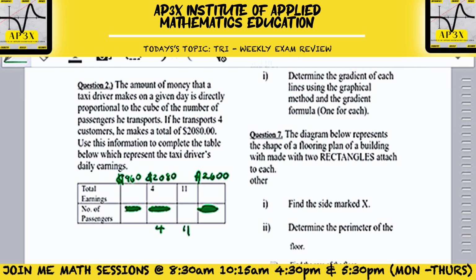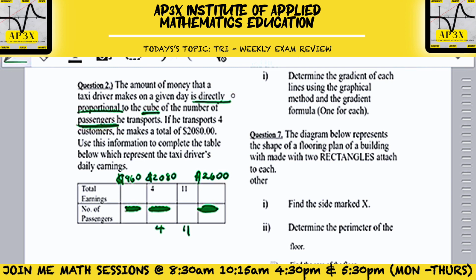And here we're reading that the amount of money that a taxi driver makes on a given day is directly proportional. This is the part that caught my students. The cube of the number of passengers.